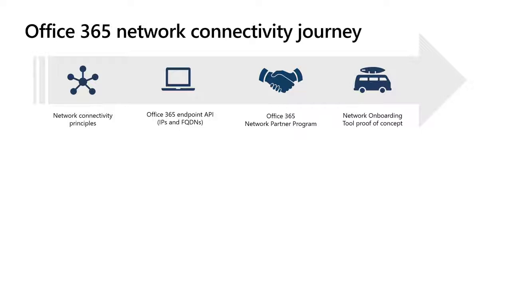And then as I mentioned before, we have this network onboarding tool proof of concept, which came out in January of this year, where we're running some tests and measurements, so we can provide insights for customers to get aligned with those network connectivity principles.